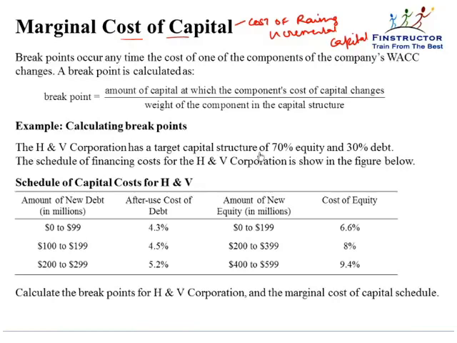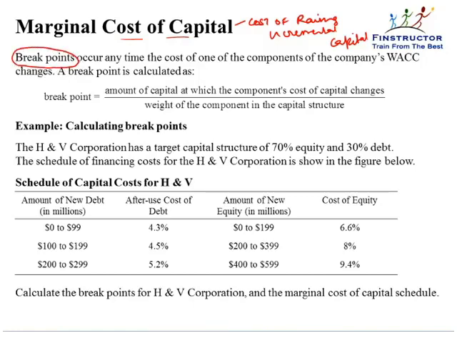We now move on to the concept of marginal cost of capital. As the name suggests, marginal cost of capital is the cost of raising incremental funding or incremental capital. If I invest more and I raise more money, then that money is going to come at what cost? We'll now understand the concept of breakpoints in the capital structure.